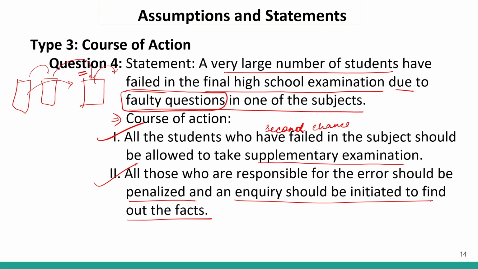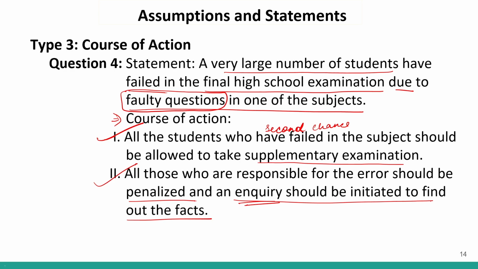So all the people who are involved in such a blunder, I would say, should be penalized. Some sort of action should be taken against them. So this should also be a correct course of response because we are penalizing the people who have made a mistake, as well as inquiring about why such things have happened.